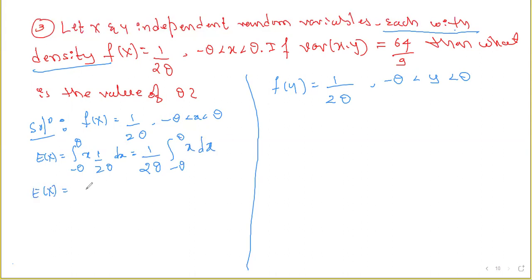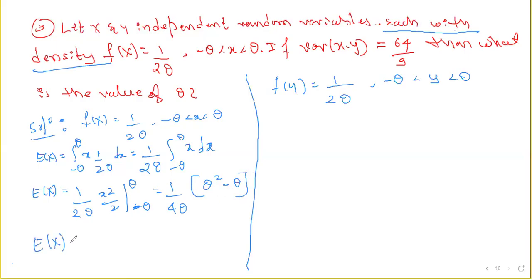Expected value of x equal to 1 divided by 2 theta, x square by 2, from minus theta to theta.